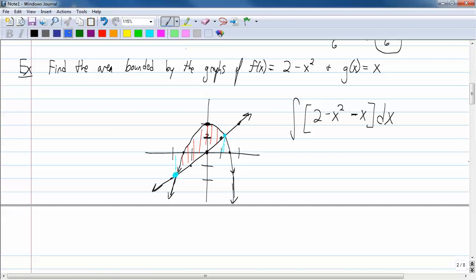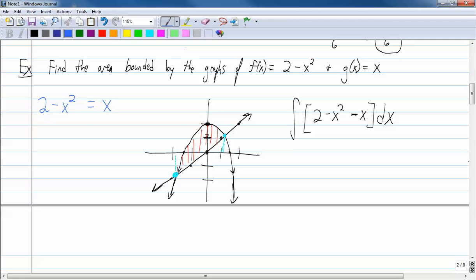So the way that we can figure that out, if you want to find the intersection points of two different graphs or two different equations, you set the equations equal. Alright? And so if I have 2 minus x squared equals x, then to figure out where these intersect, at least the x value where they intersect, solve for x.